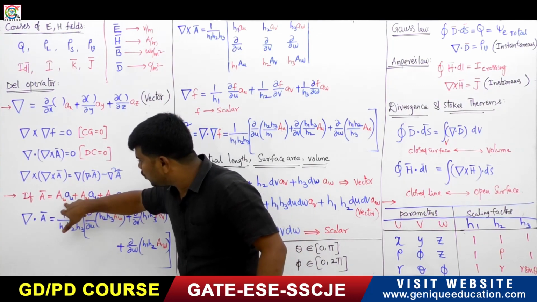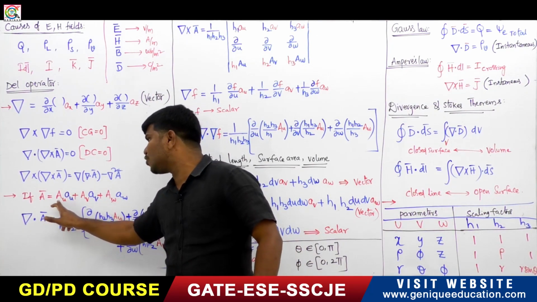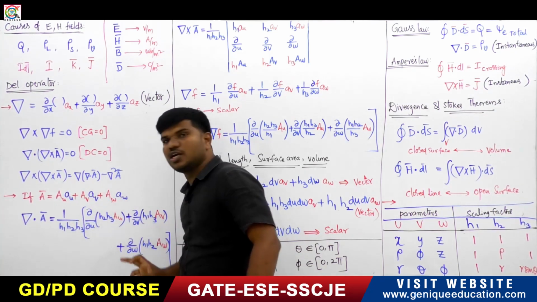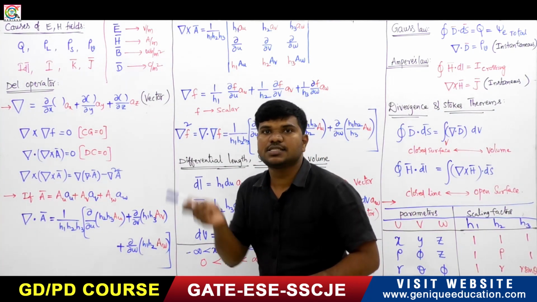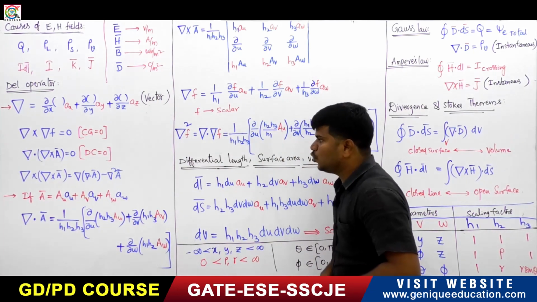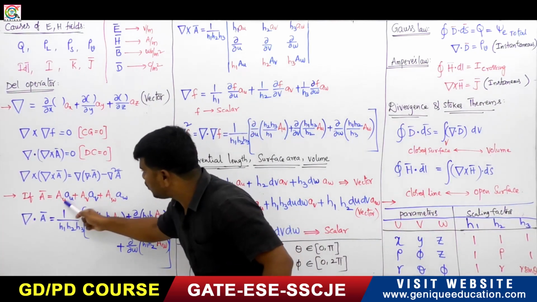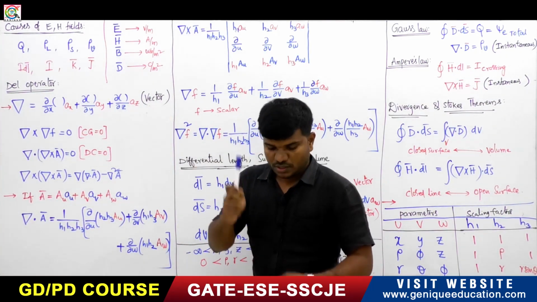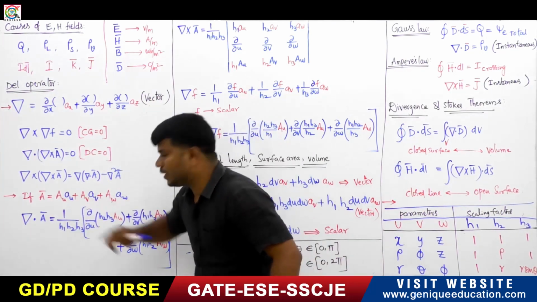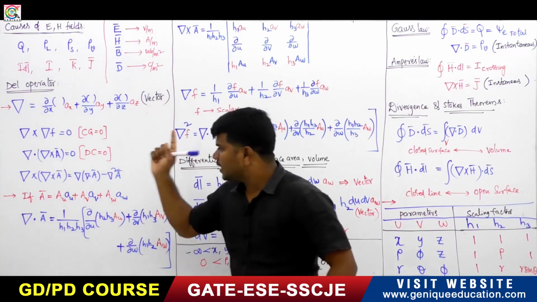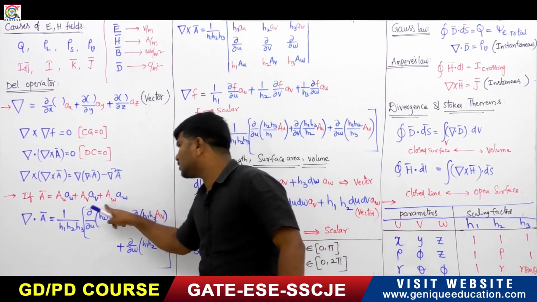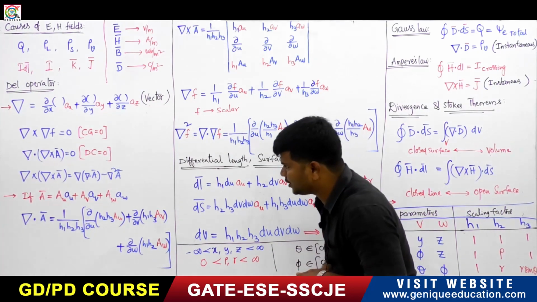So you can represent this as A bar equals Au a_u plus Av a_v plus Aw a_w, where a_u, a_v, a_w are the unit vectors along the u, v, w directions, right? So here Au represents the scalar quantity or the component along the a_u direction. Av represents the component along the a_v direction. Aw represents the component along the a_w direction.